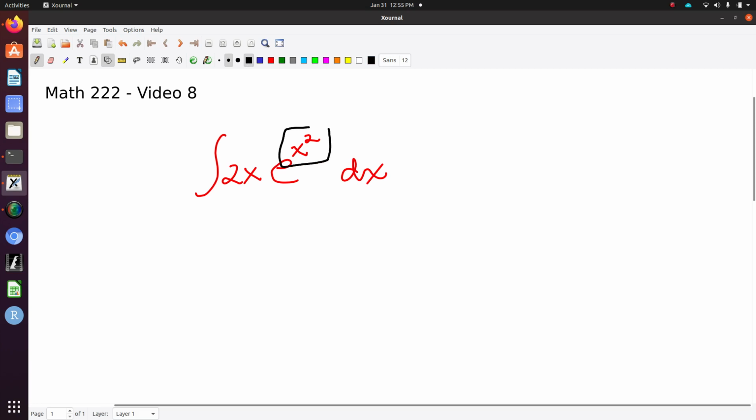Well, this part could be the U, and that would work, or this whole thing could be the U, and that would get you out too. So when you use U substitution, it's not necessarily a unique U. There are some creative problems where there may be 3 different things that you could siphon off and say, this could be U, and this will work. So just be aware of that. It's not always cut and dry. There's often more than one path to a correct answer.